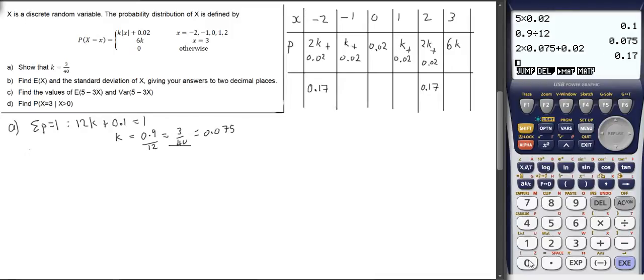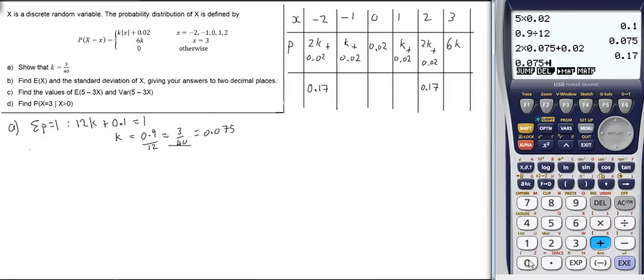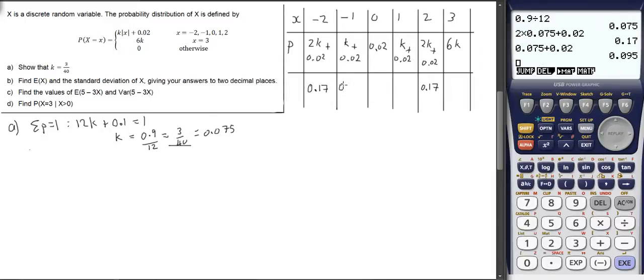And then we've got 0.075 plus 0.02 is 0.095. And that's this one and this one. This one is just 0.02, and this one is 6 lots of k.